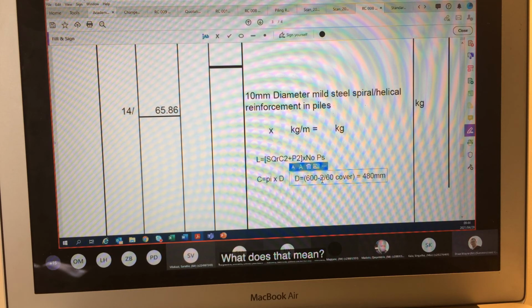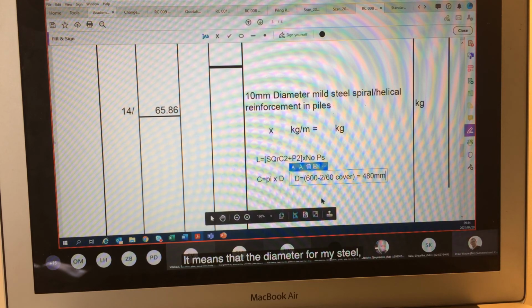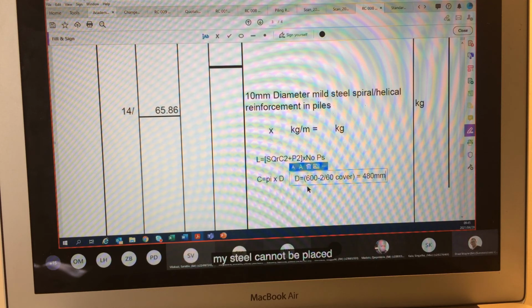Now what does that mean? It means that the diameter for my steel, even though my diameter is 600, my steel cannot be placed at the 600 diameter. Does it make sense? Why can it not be placed there? It cannot be placed there because once that steel is exposed to the moisture in the ground, what will happen to that steel? Rust.